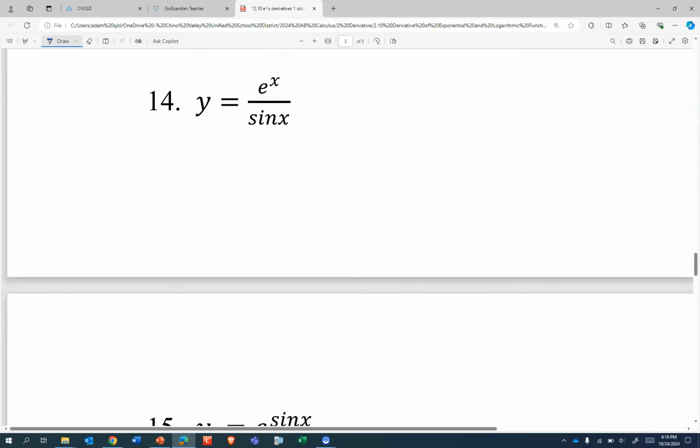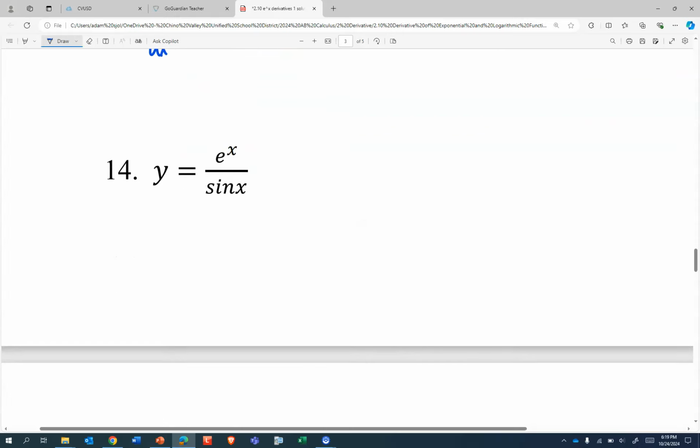Ooh, we're getting down to it. Okay, quotient rule. You know, we could also, I suppose, rewrite this as cosecant of x e to the x. I think I'd rather stick with e to the x and sine of x.